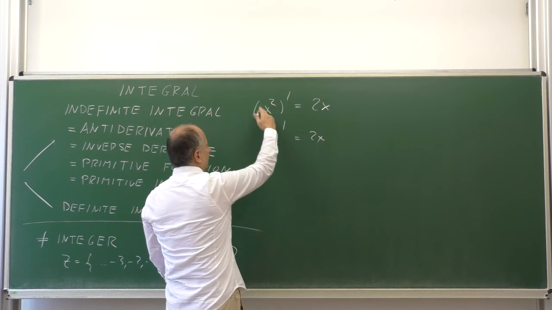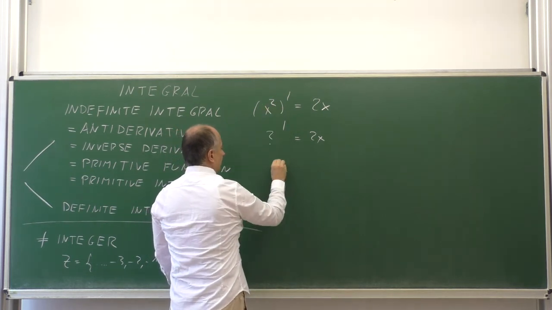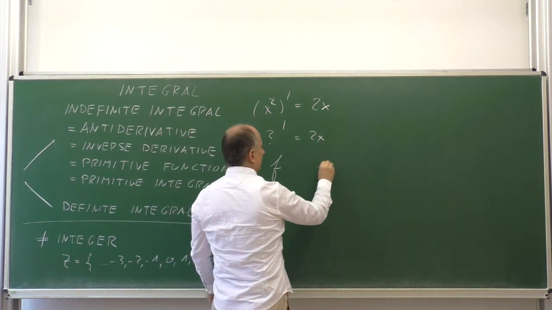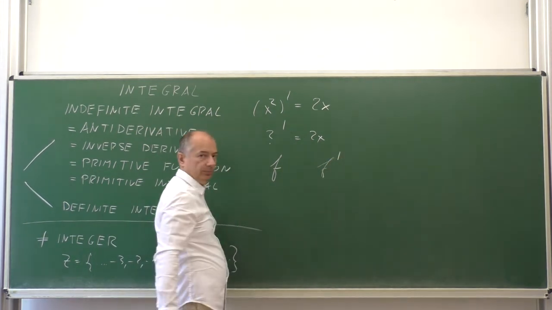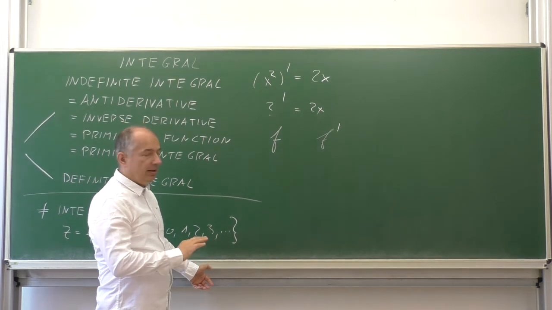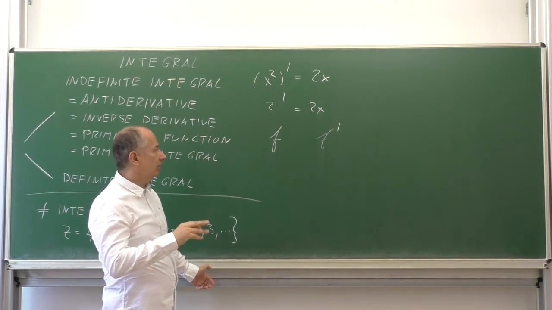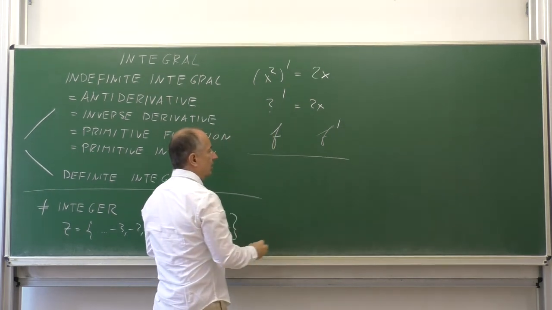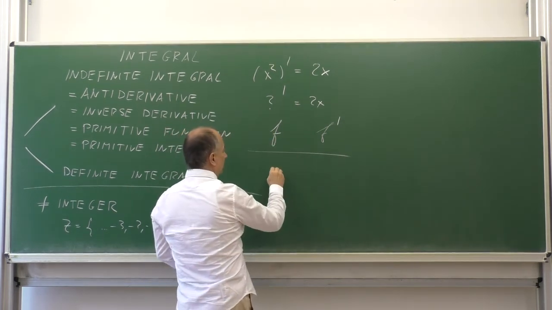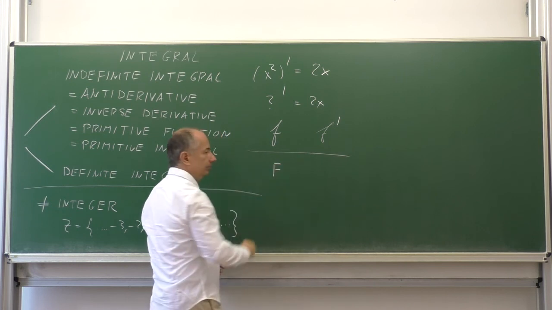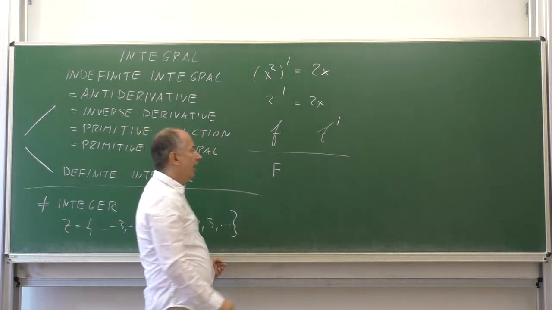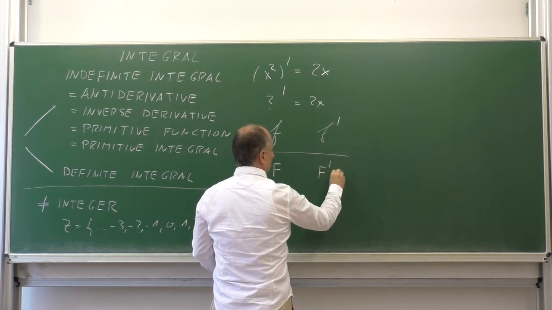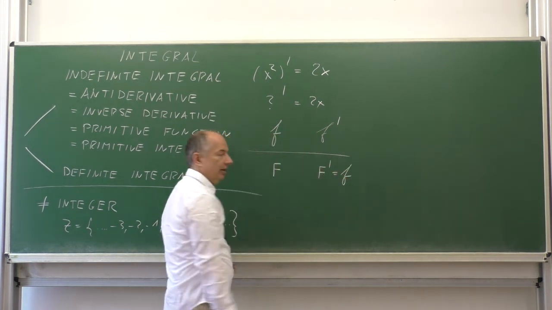Previously, we usually denoted the original function small f, and we denoted the derivative as f prime. That is often used when talking about derivative, and when talking about integrals, we usually denote the original function capital F, and we denote its derivative, f prime, small f.